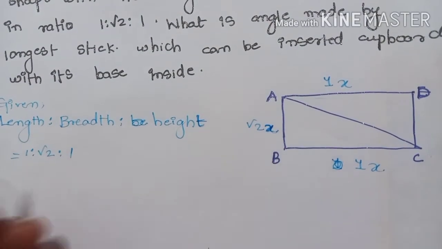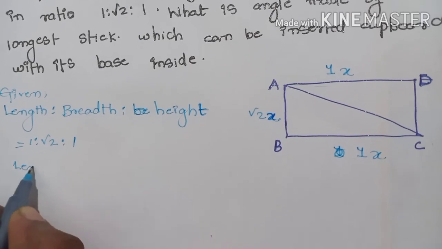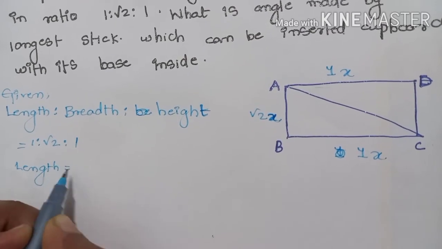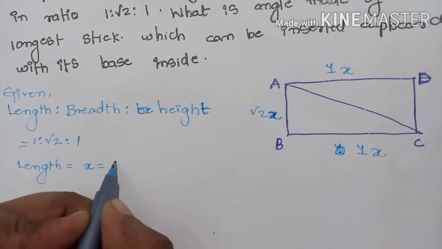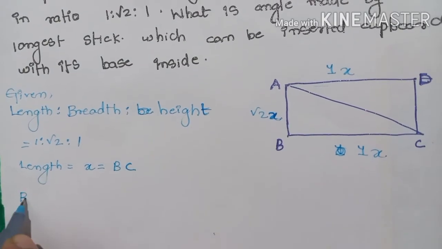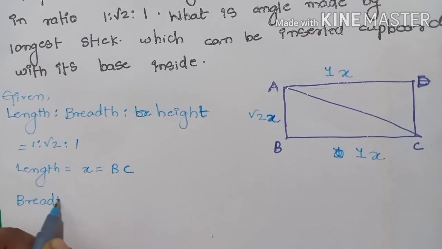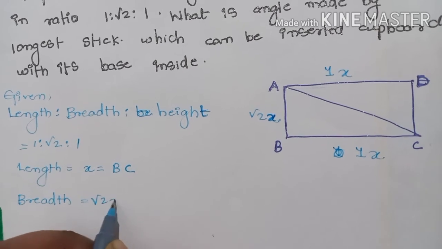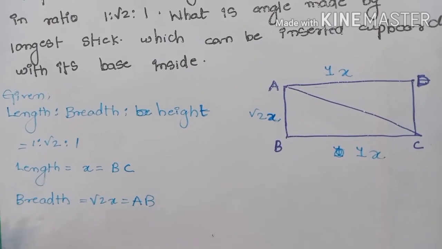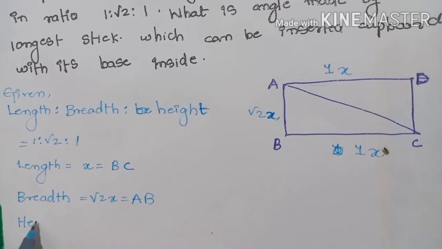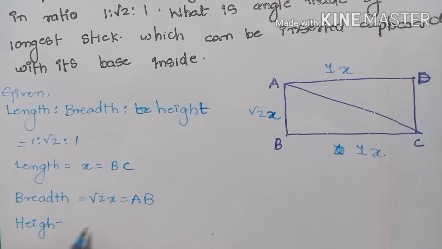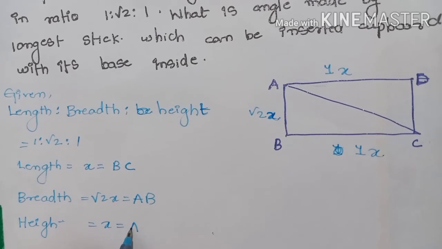So length is x is equal to BC, and the breadth √2x is equal to AB, and the height x is equal to AD.